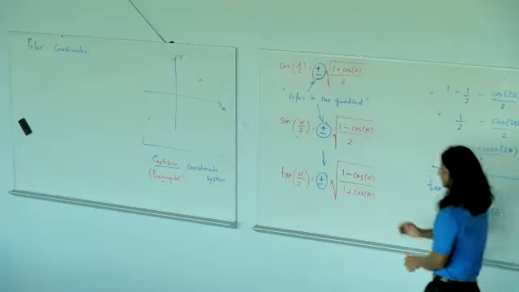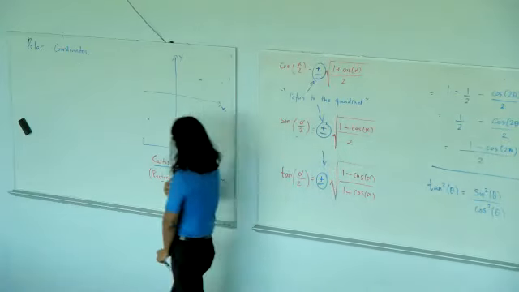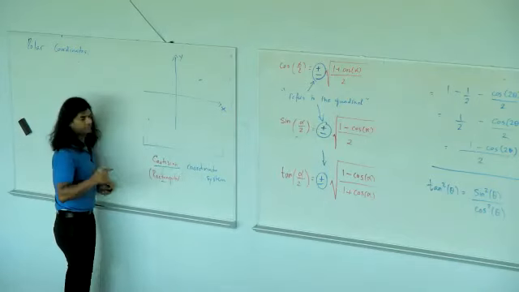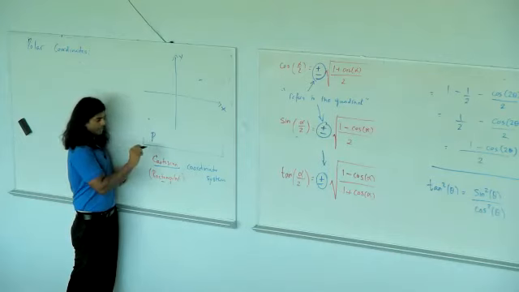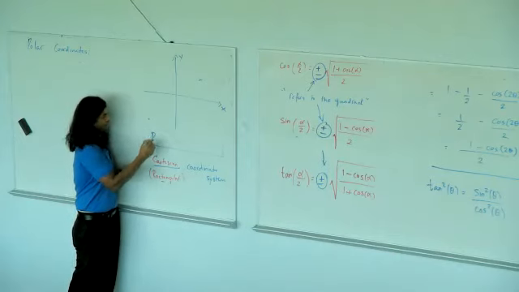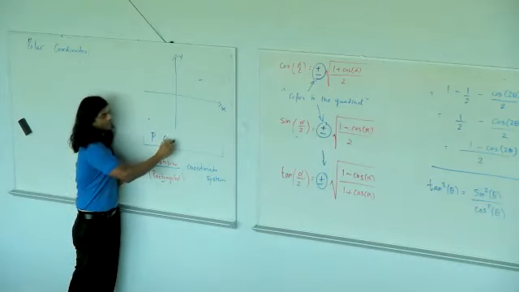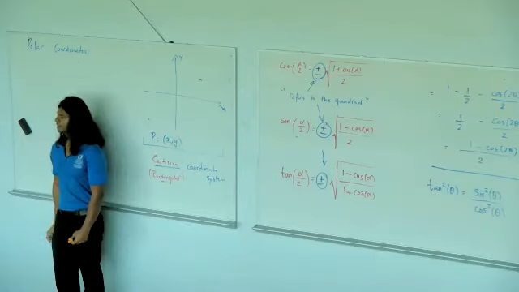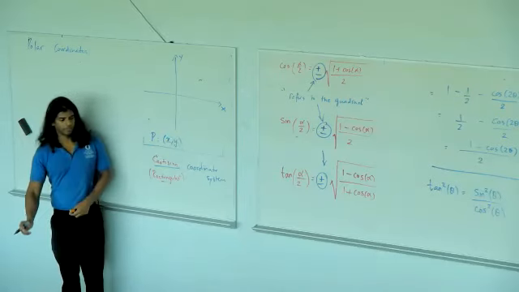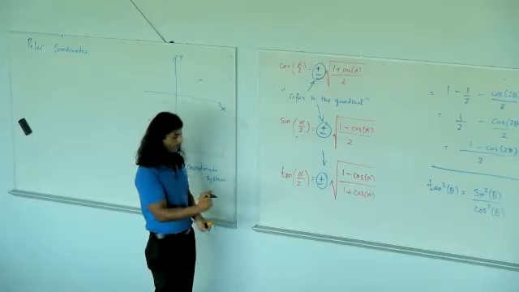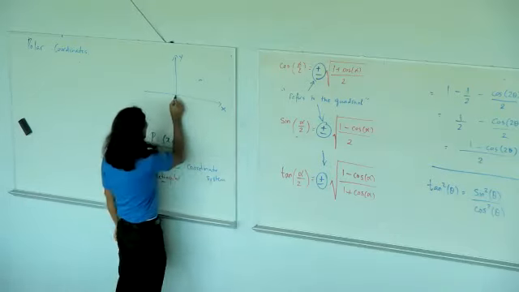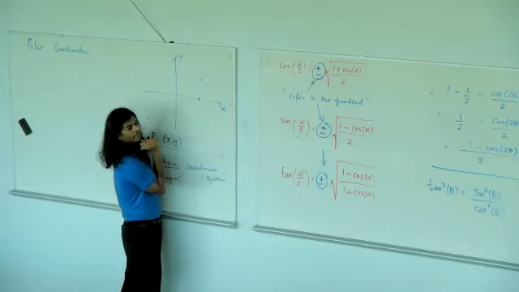So in the rectangular coordinate system, we have a point P, and we call the point P as x, y. Do you agree? So you simply end up saying, I'm taking x steps along the x-axis, perhaps somewhere over here.